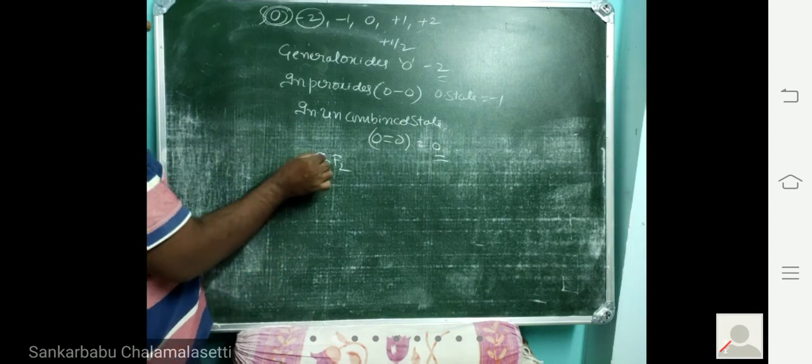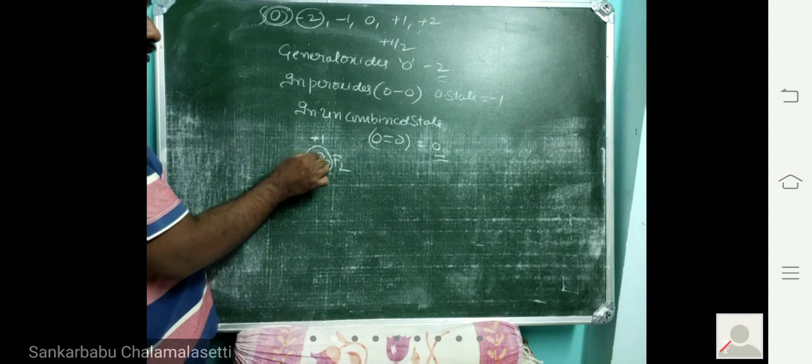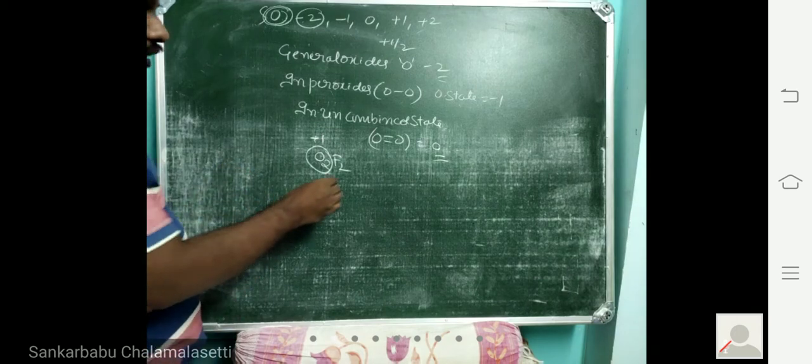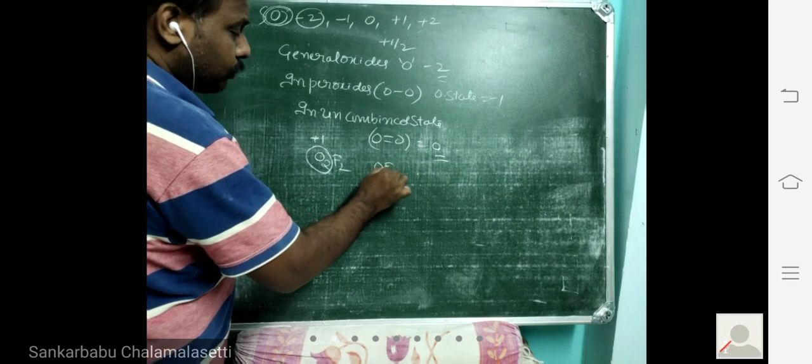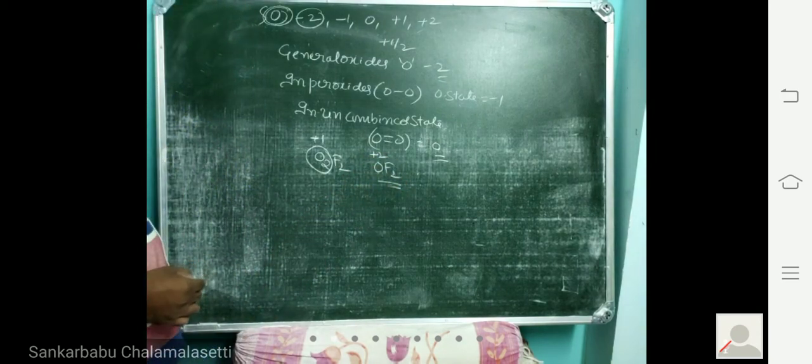In O2F2, the oxidation state of oxygen is +1 because fluorine is a more electronegative element than oxygen. And oxygen shows the +2 oxidation state, again with fluorine, in the OF2 molecule.